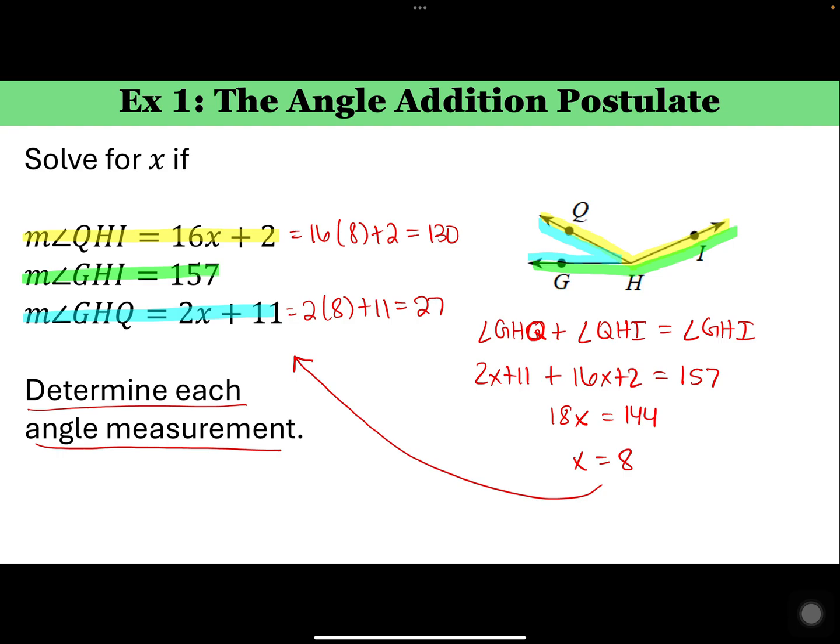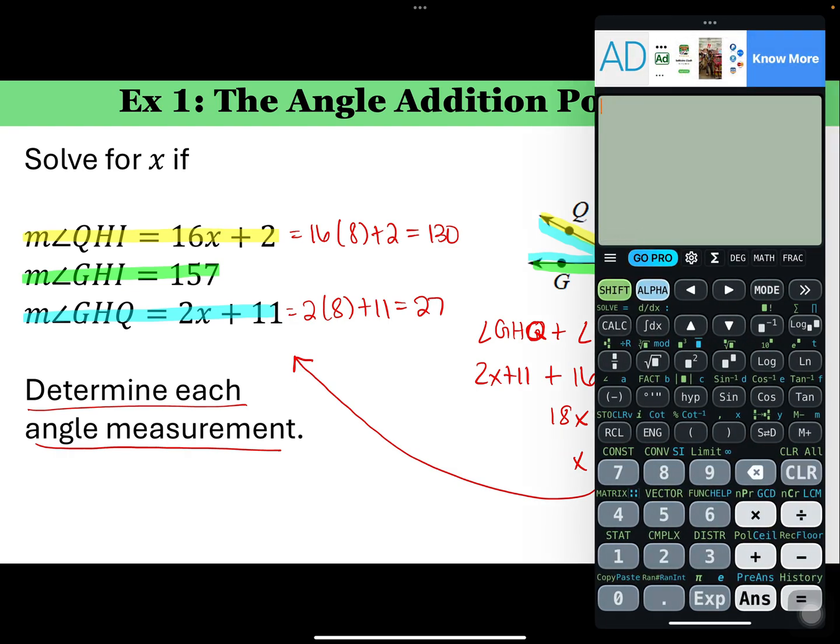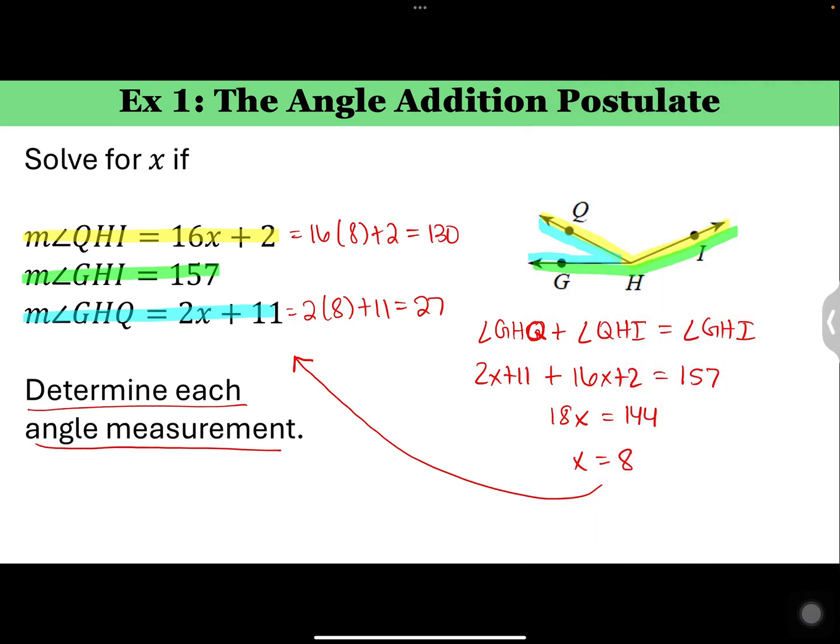If I'm correct, then angle blue plus angle yellow should equal 157. Does 130 plus 27 equal 157? Check. So we're going to pause here, and in the next video, we will continue to practice some more examples.